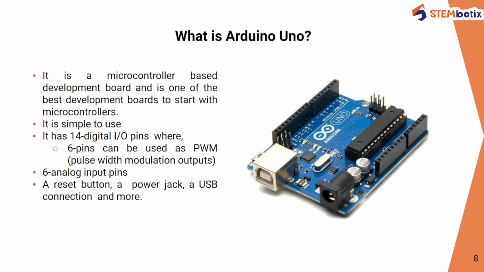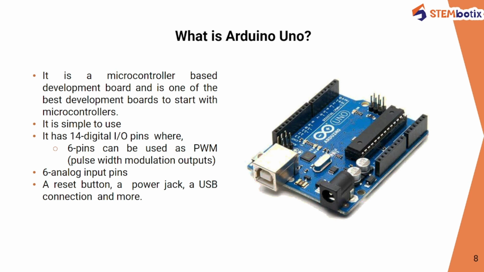It has 14 digital input output pins, where 6 pins can be used as PWM, which is pulse width modulation output, 6 analog input pins, a reset button, a power jack and a USB connection and many more things. So the Arduino Uno is an open source microcontroller board based on the Microchip ATmega328P microcontroller and developed by Arduino.cc, and it was initially released in 2010.